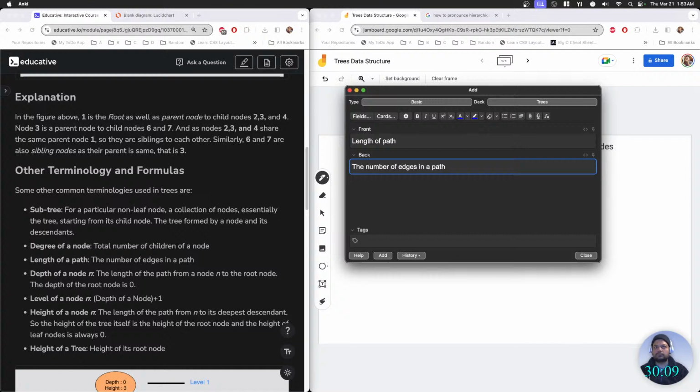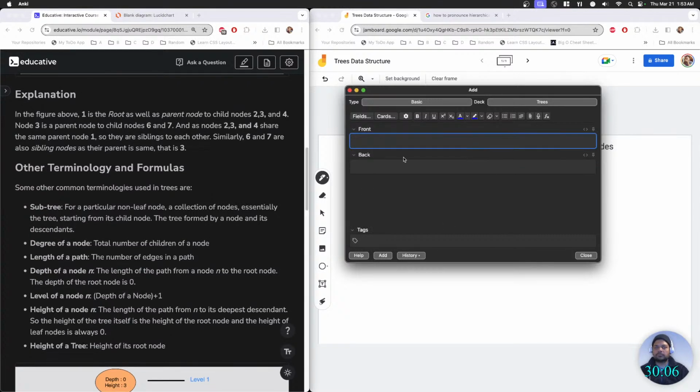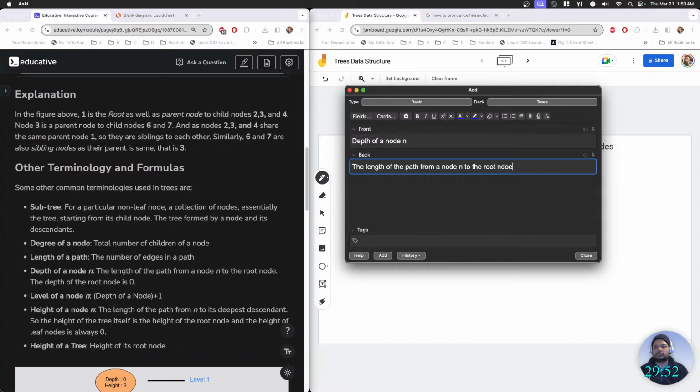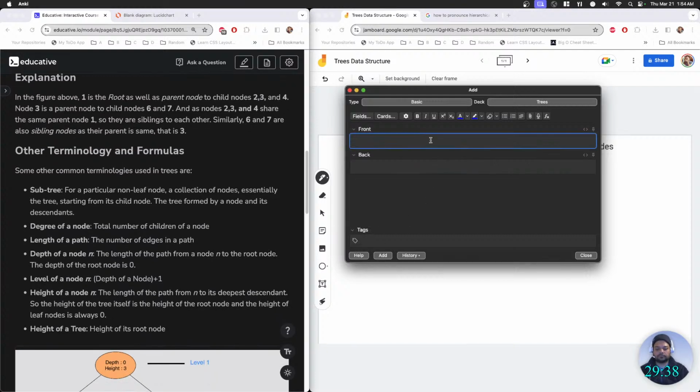Depth. The level of a node n is the depth of the node plus 1.